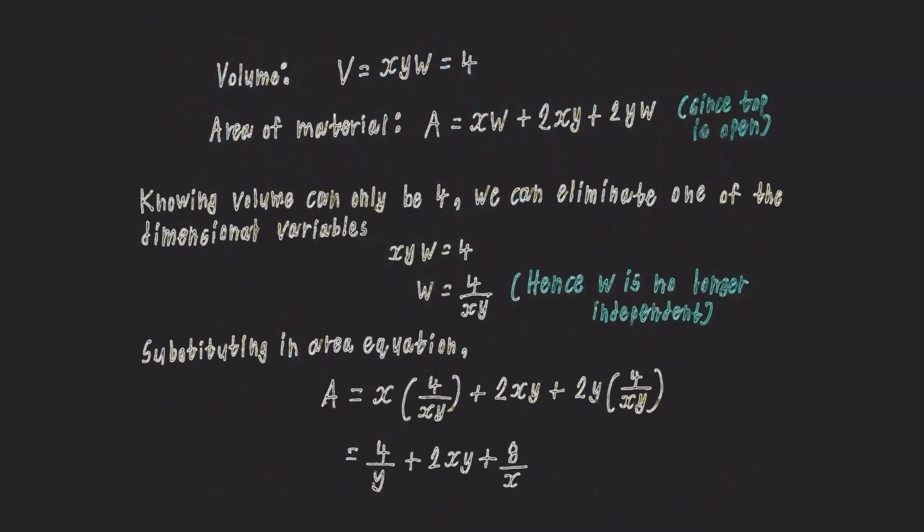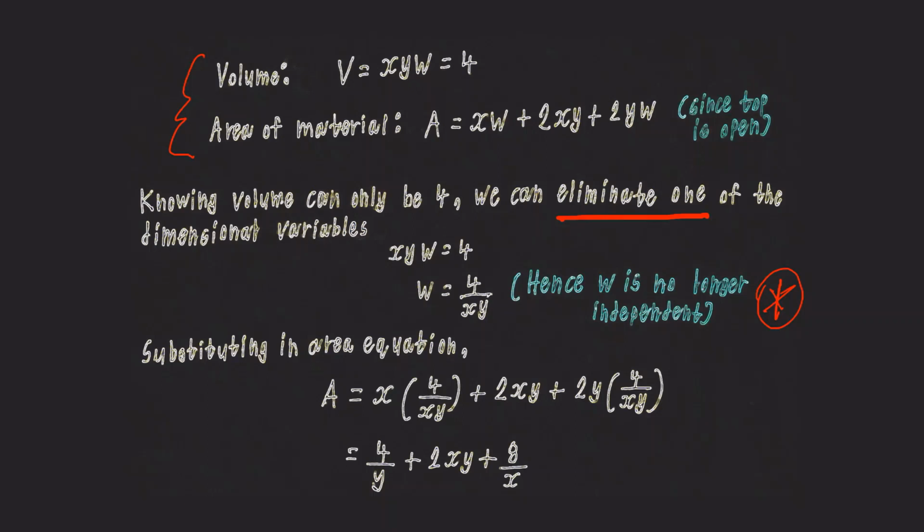So using these 2 equations, we can actually eliminate one of the dimensional variables. We know that XYW has to be 4. Rearranging that for W, we see that W is basically 4 on XY. So this is important because now W is no longer an independent variable.